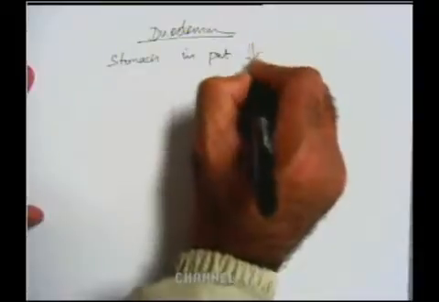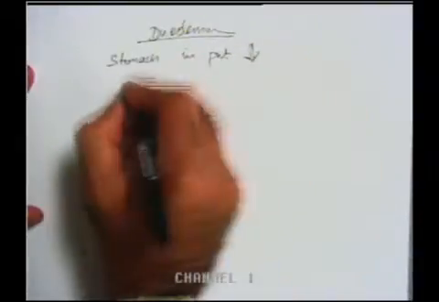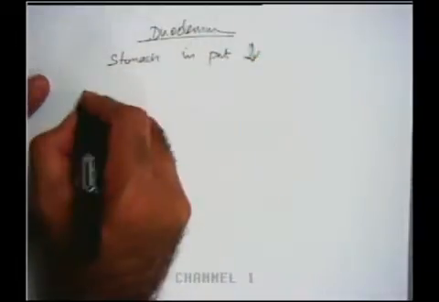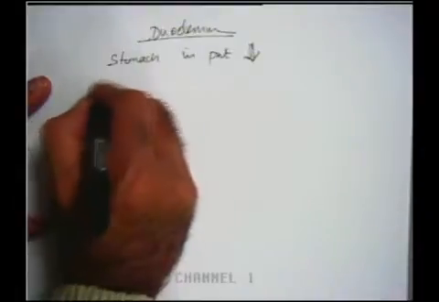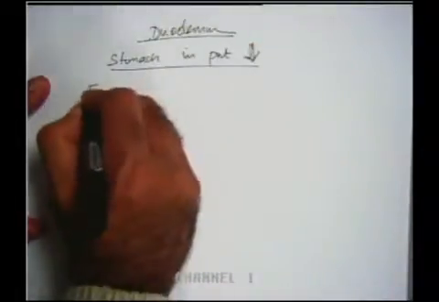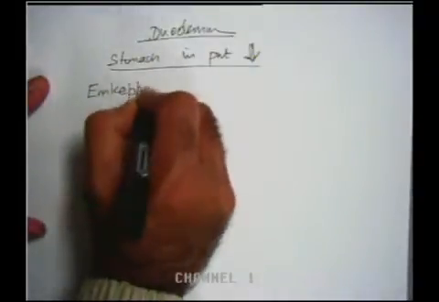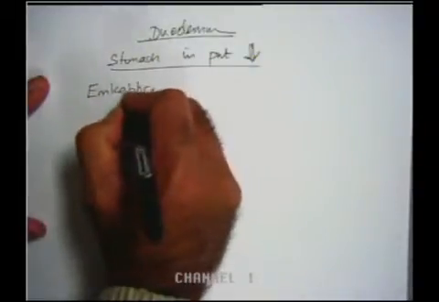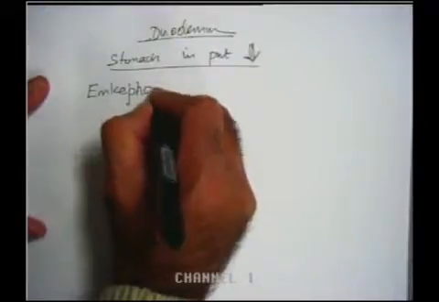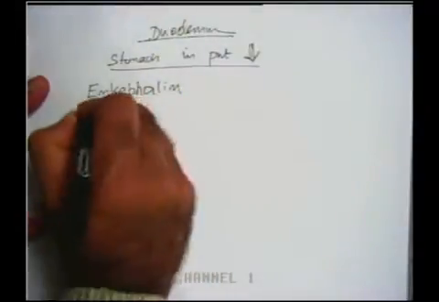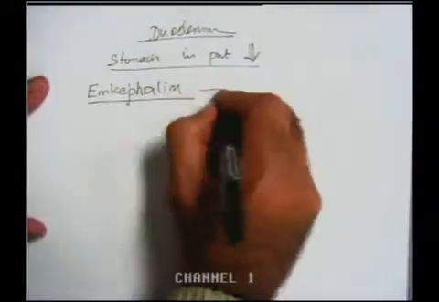I put a double arrow because food enters into the duodenum. As soon as it enters into the duodenum, or the stomach input is dropped, there's a hormone called enkephalin that is released.